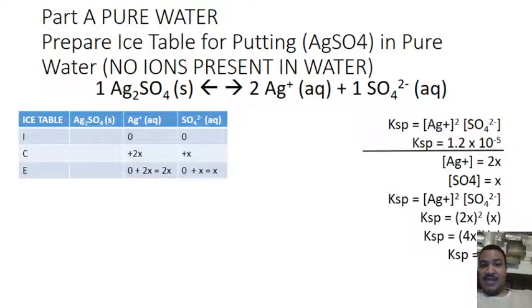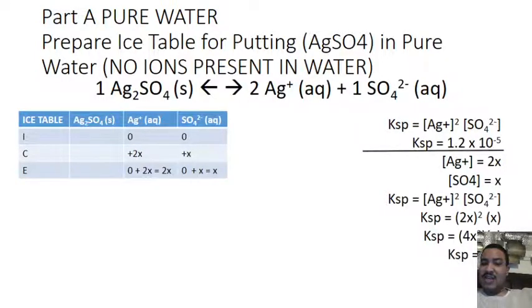Now, here I set up the problem. We have our KSP expression of silver squared times sulfate. We have our KSP value that was given to us of 1.2 times 10 to the minus 5. And now, because we set up the ice table, we know that our silver ion concentration is 2x and our sulfate concentration is x at equilibrium.